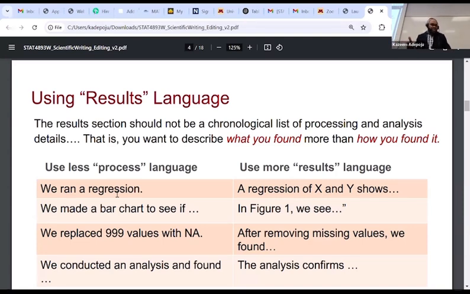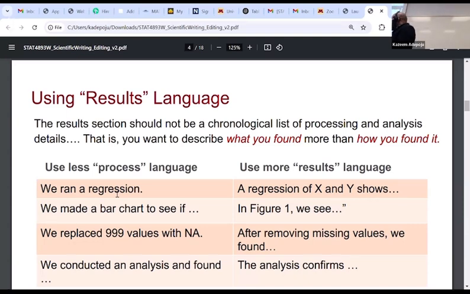So instead of saying we ran a regression, you can say a regression of Y on X reveals a significant relationship. When you say it reveals a significant relationship, you also need to indicate the p-value, because the p-value is less than 0.05 level of significance. So result language is preferred over process language.